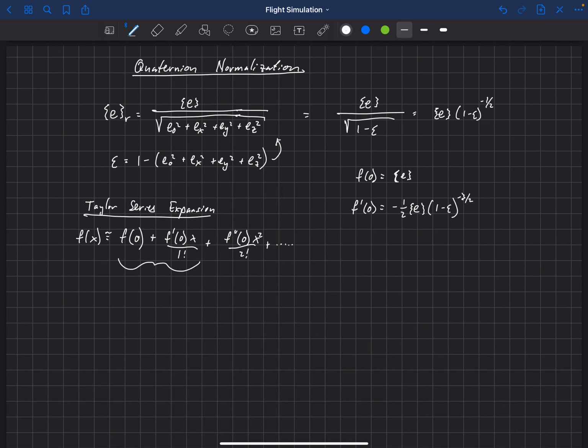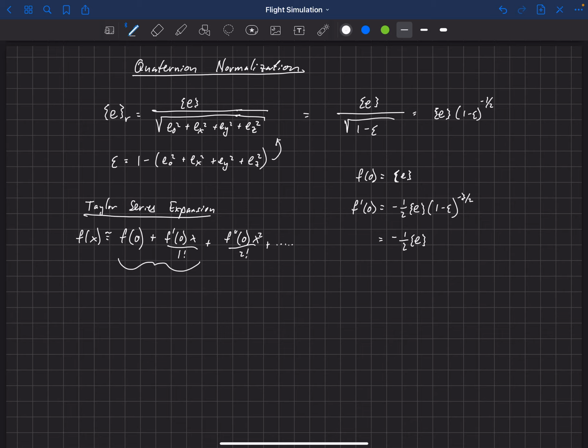All I've done is taken the derivative with respect to epsilon. Let's make sure I did that correctly. I took the minus 1/2 down front, and I have to subtract off 1 up there. Now we evaluate this for when epsilon is 0, and what we get is minus 1/2 times e.